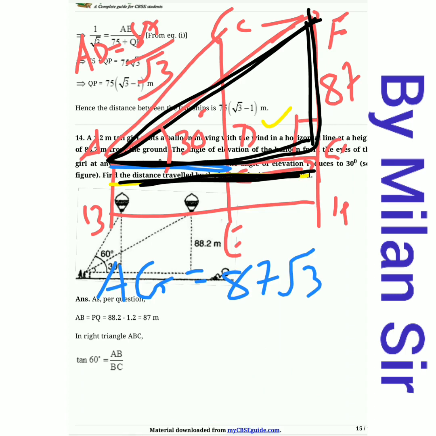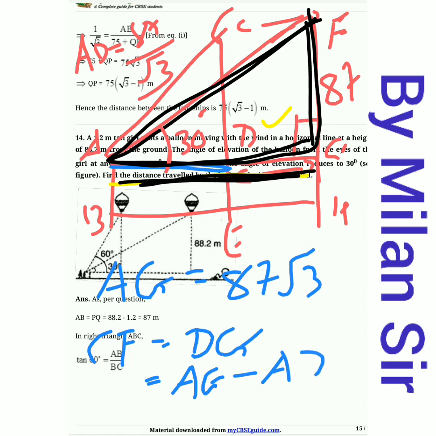Now for finding out the distance traveled by the balloon, CF is equal to DG. Now DG is equal to AG minus AD. So AG, it is 87 under root 3, minus AD, it's 87 upon under root 3.